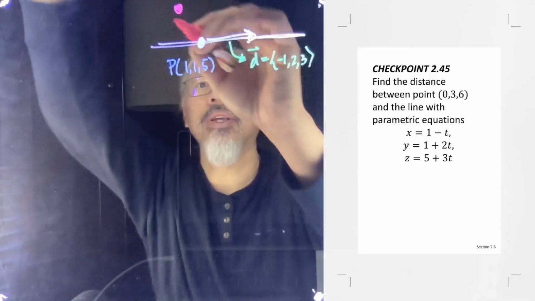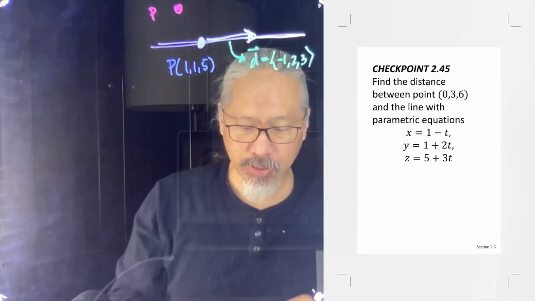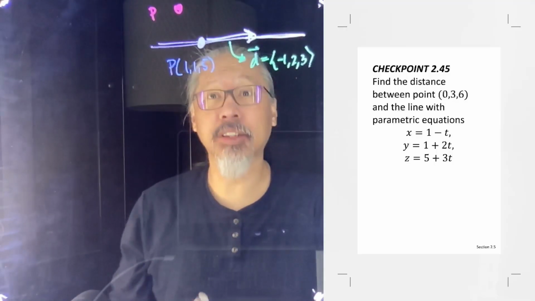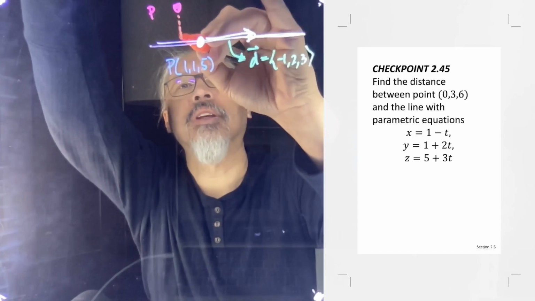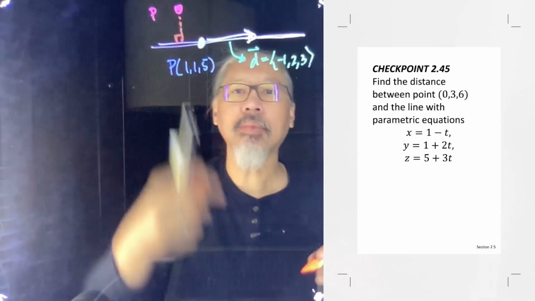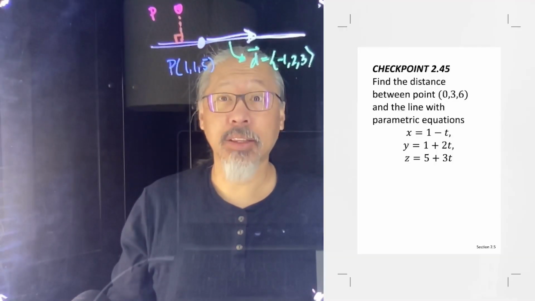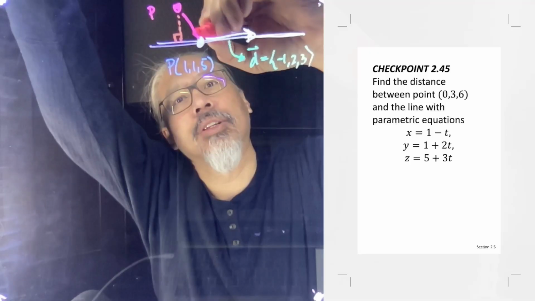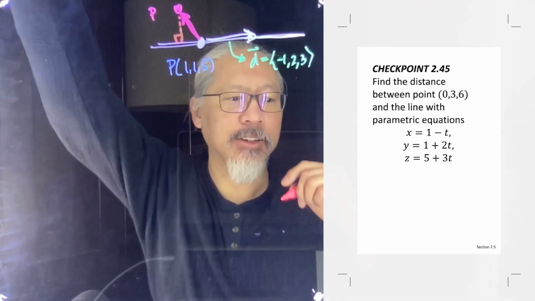Let's call this point P. When you're looking for this distance, the distance that we're looking for would be the perpendicular drop here. And the way they do this is that they create a vector connecting these 2 points, and maybe we'll call that vector v.